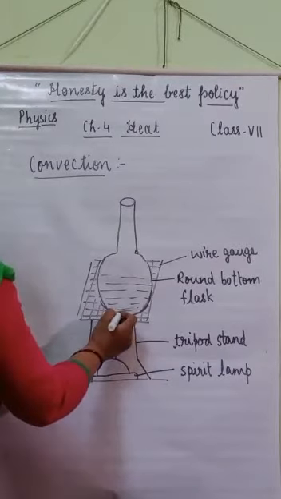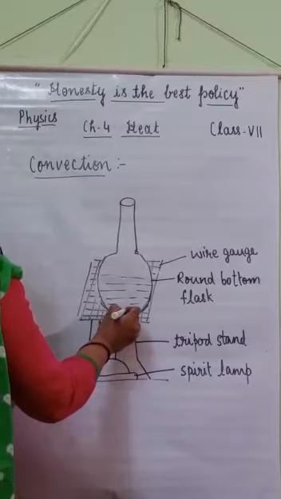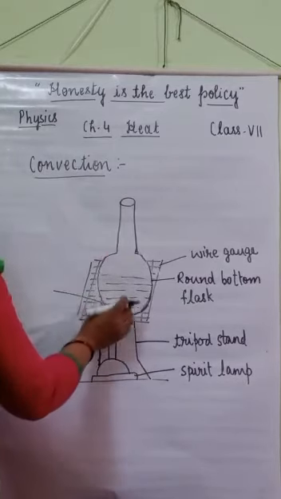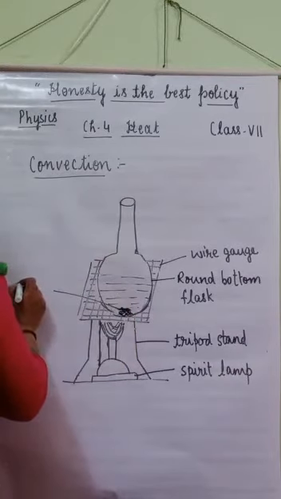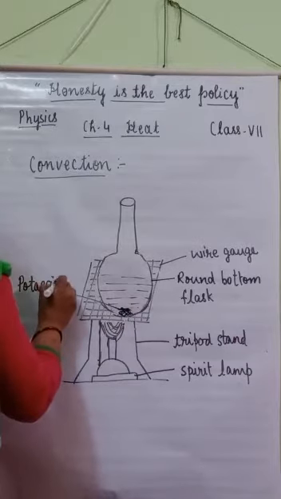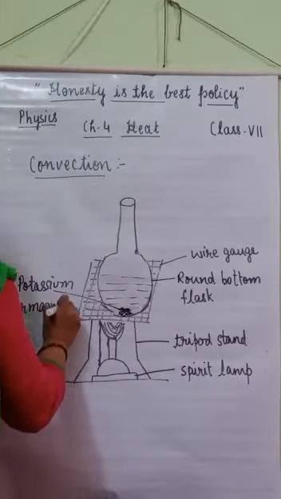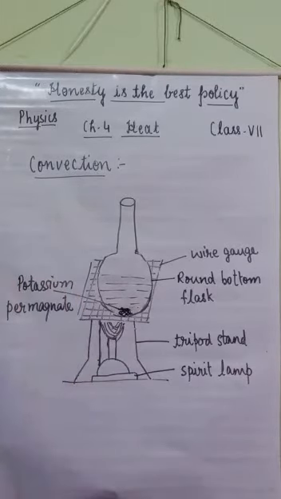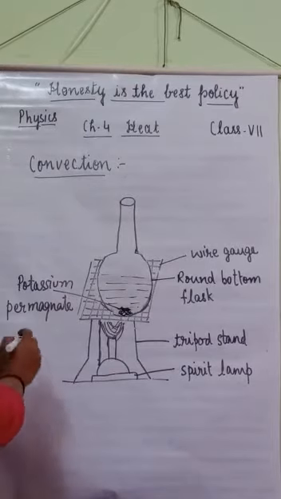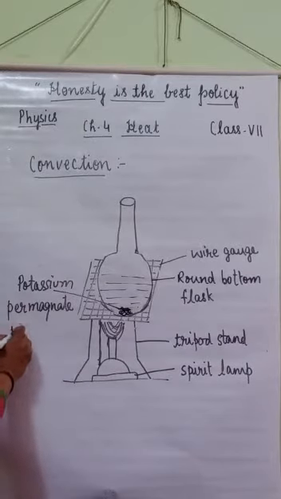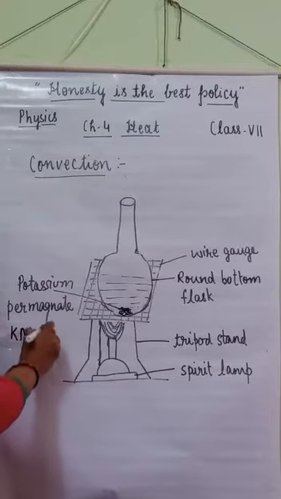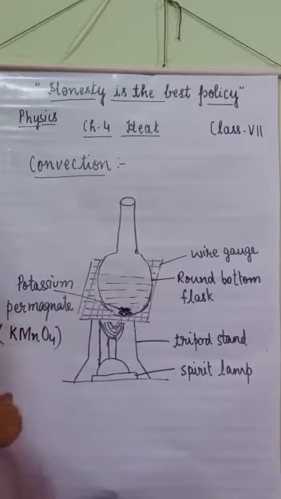And we will put some potassium permanganate crystals with the help of a straw or dropper in the middle of the round bottom flask. The formula of potassium permanganate is KMnO4. It is pink in color.